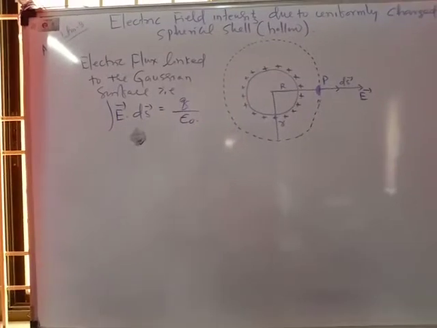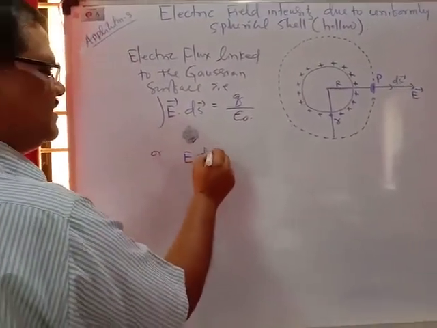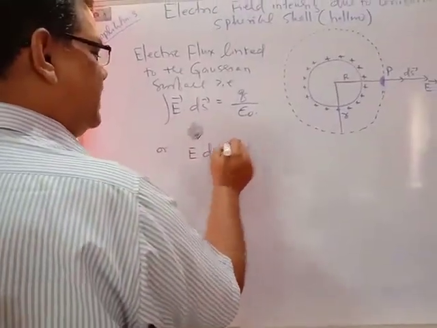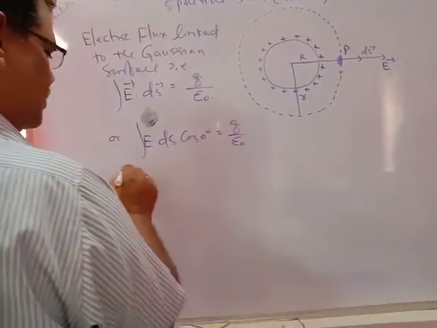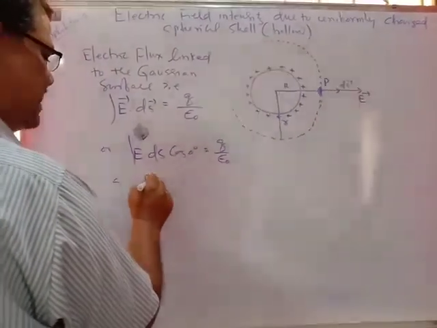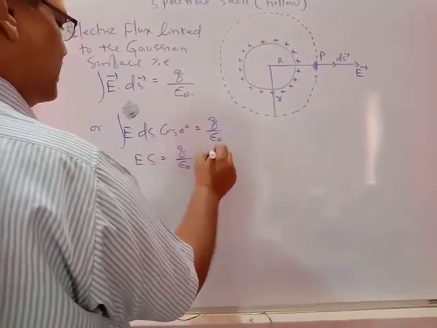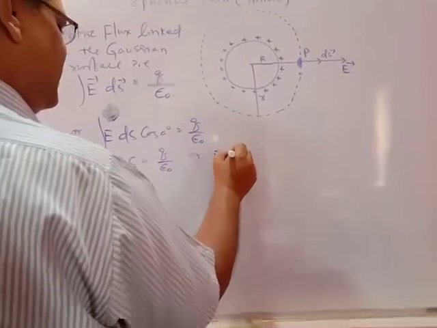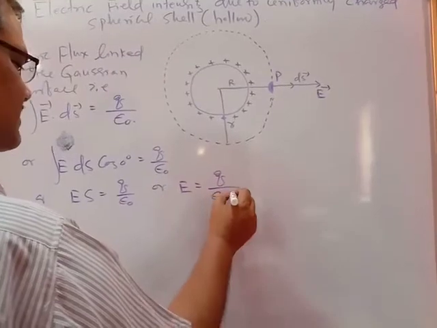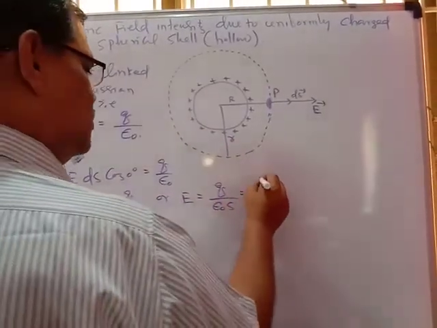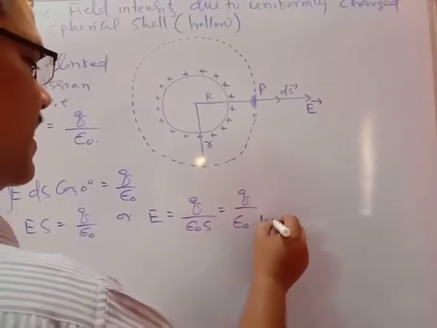That is, the integration of E dS cos 0 degrees equals q upon epsilon naught, or E times S equals q upon epsilon naught, so E equals q upon epsilon naught S, where S is 4 pi r squared.